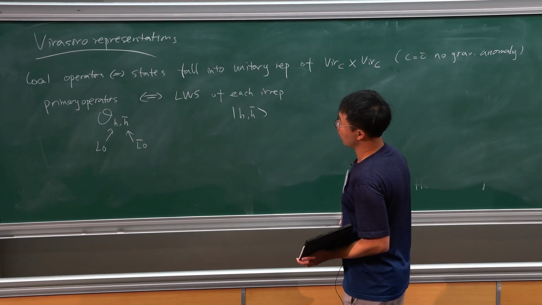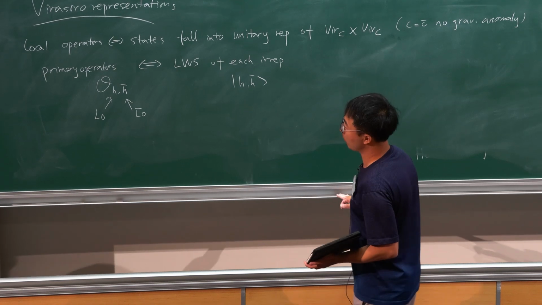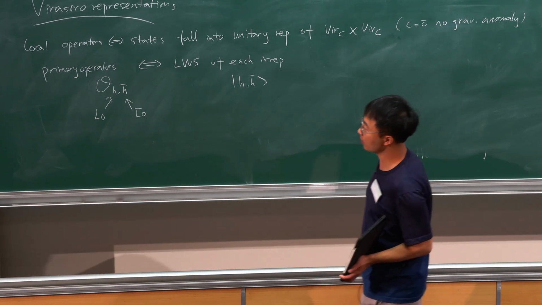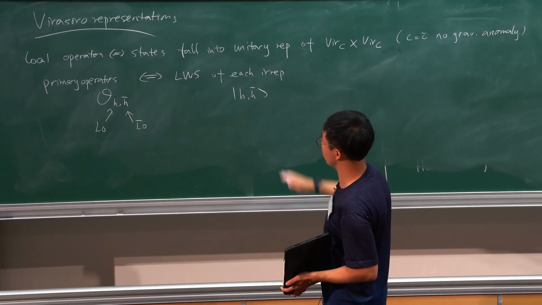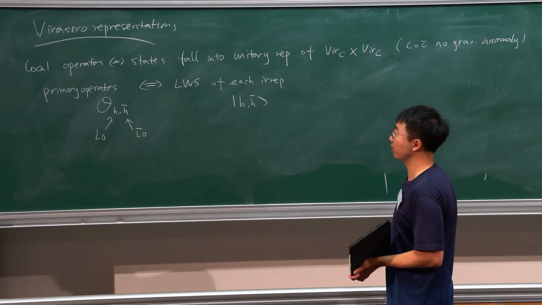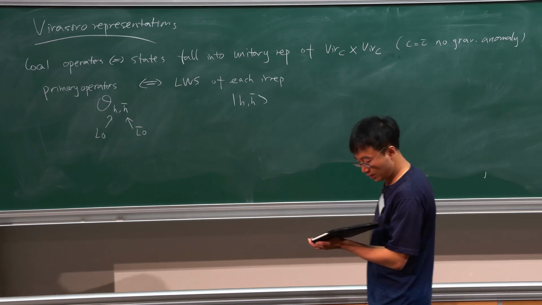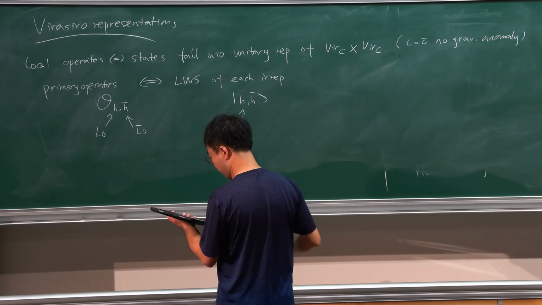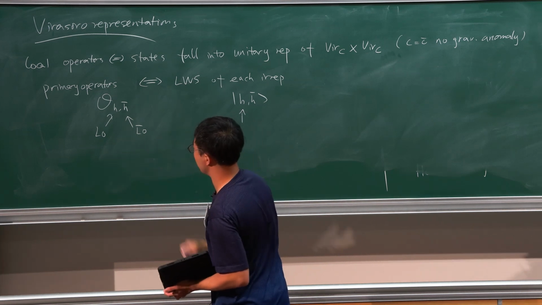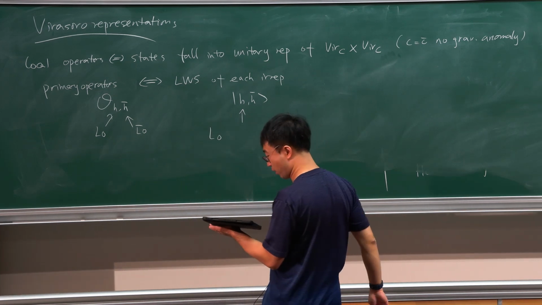And so to understand what the primary operators are and their transformation property under conformal symmetry, that can be deduced just from the definition of the lowest weight state of these irreducible representations. They satisfy, as I already said, that the eigenvalues under L0 and L0 bar are h and h bar separately.